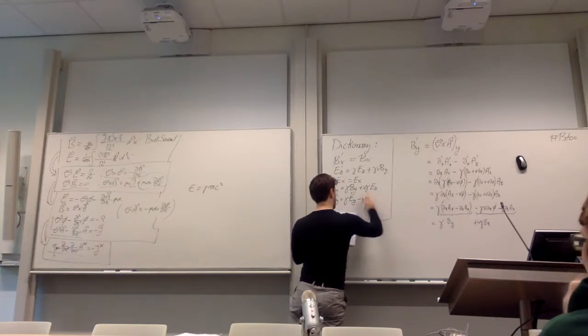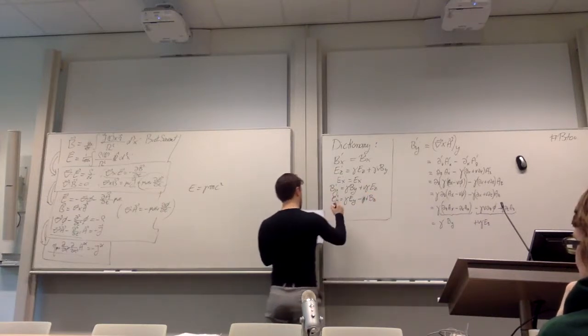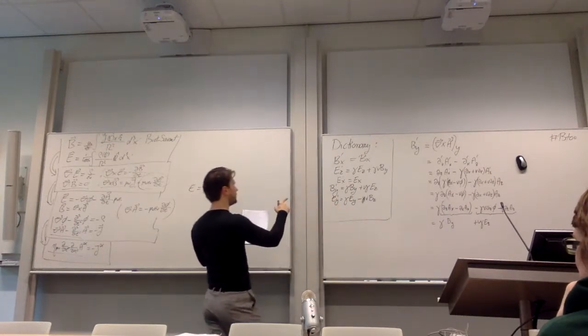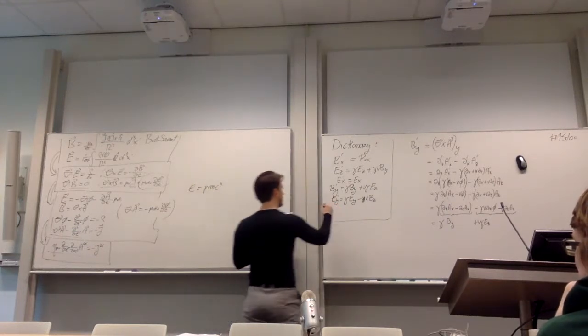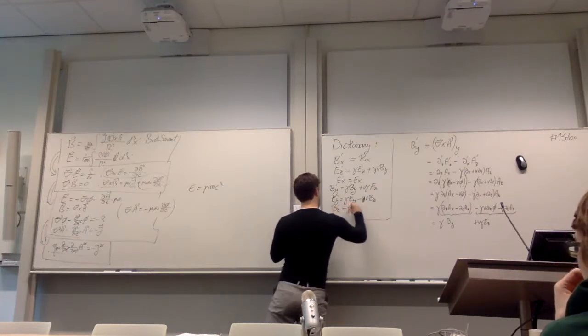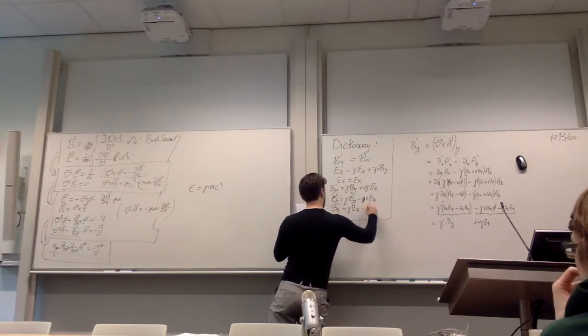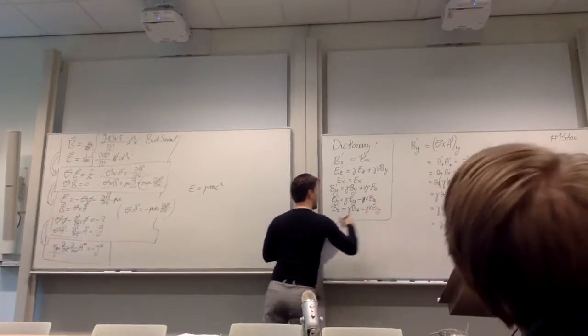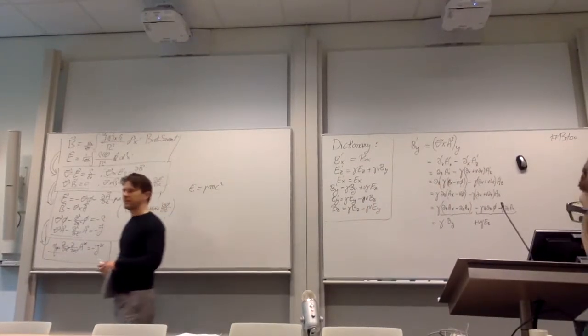Minus Bz. And what's the last one? Which one are we missing? The Bz. Bz should give you gamma Bz minus gamma By. This is the complete dictionary.